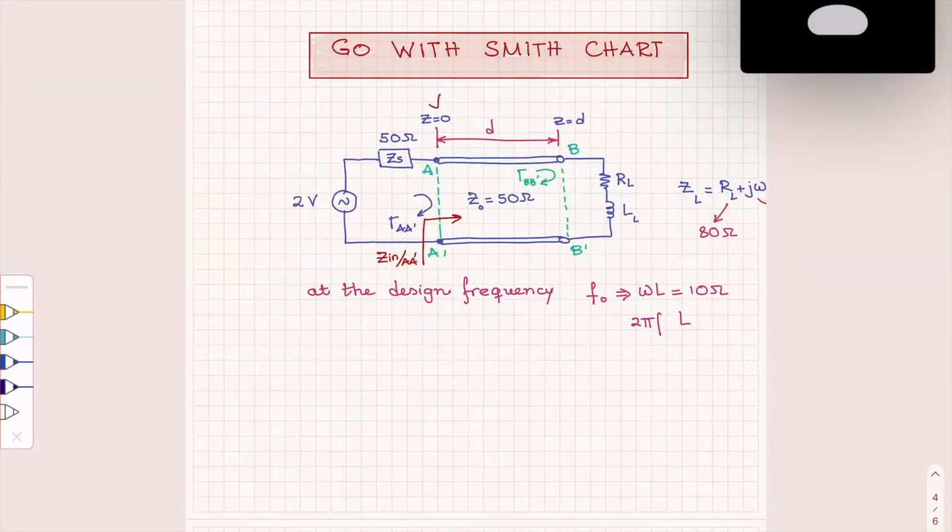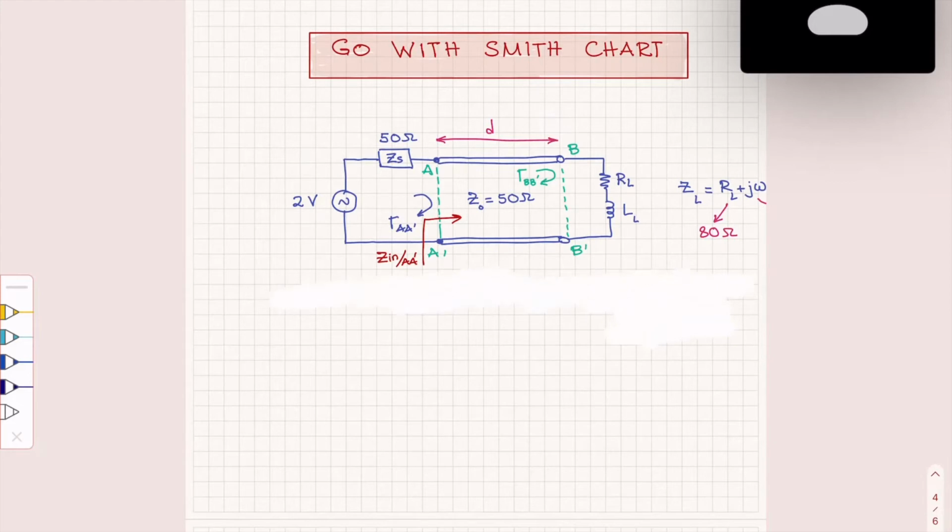Okay, let's see what we're gonna remove. Remove this, and that is 80. We'll put this one here: 80 plus j10.